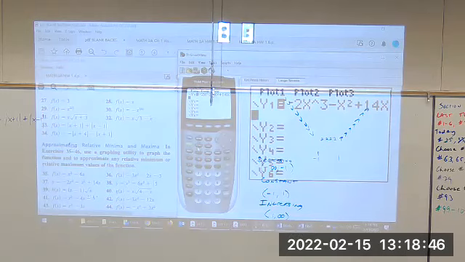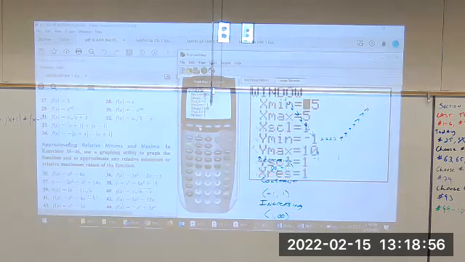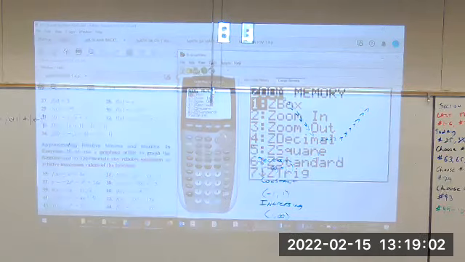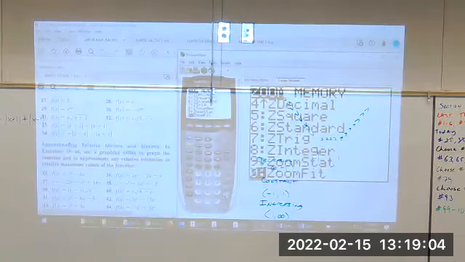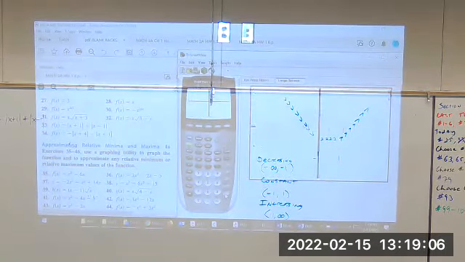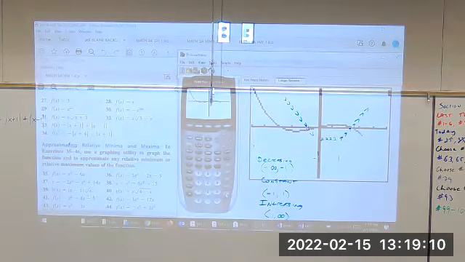So I'm gonna tell it to graph -5 to 5 again on my window. Hit enter. So -5 to 5 is my x window, and then I'll hit zoom fit for the y's.